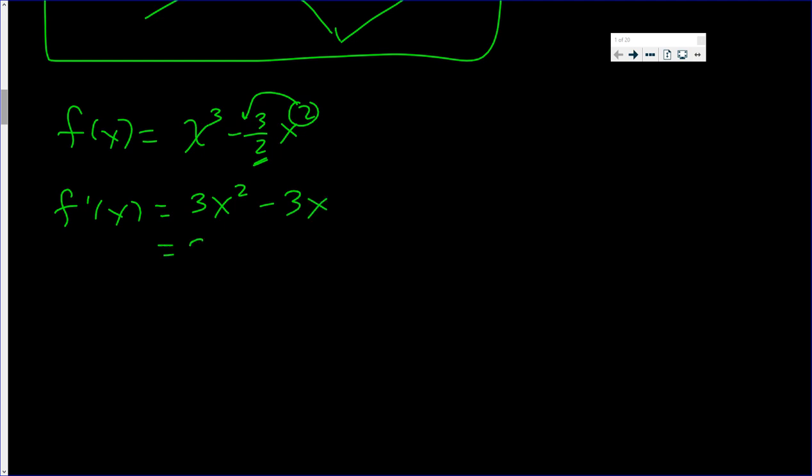And if we were to factor out the 3x, we'd have x minus 1. Now, why does that look so similar to the last one? Okay.